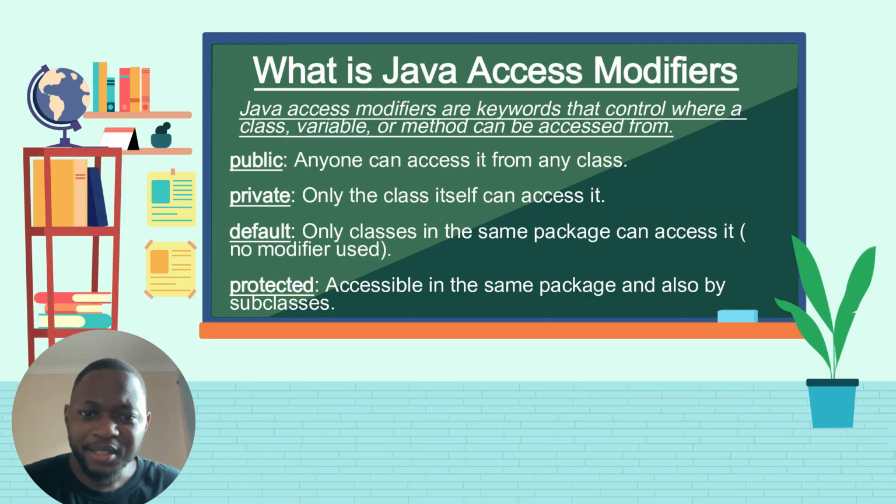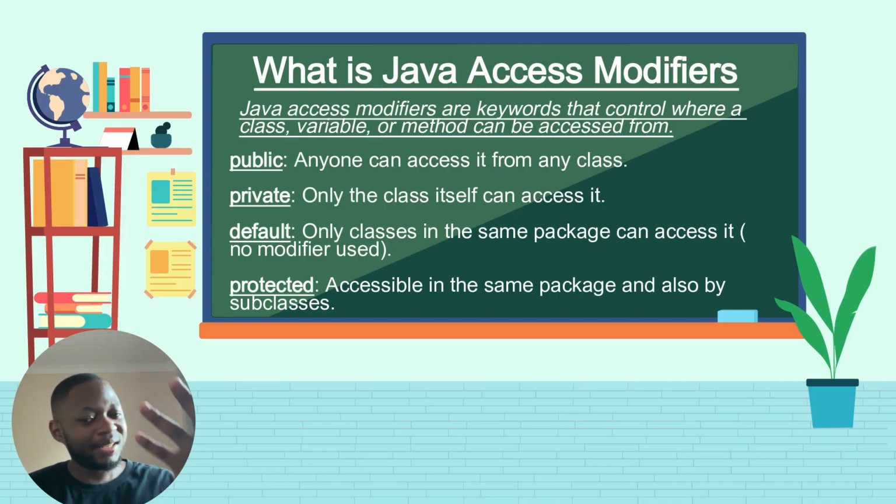So the default means that that variable can only be accessed in the same package, by the classes in the same package. Classes in other packages won't be able to access that variable.